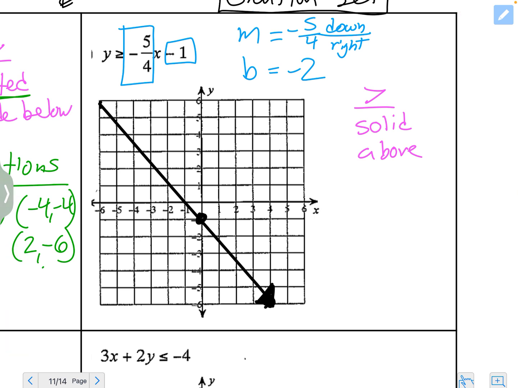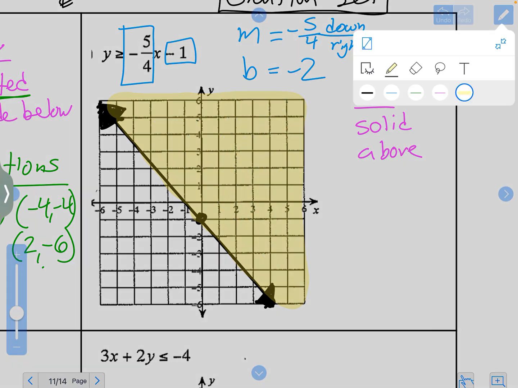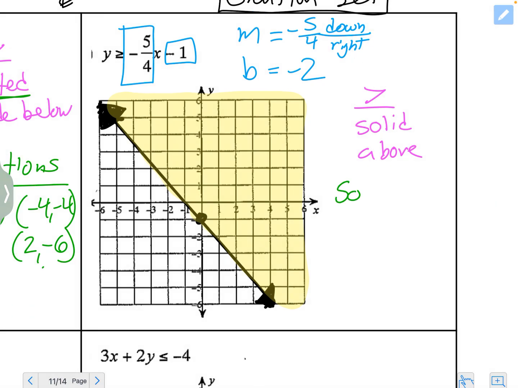And because it's solid, my answers can be dots on the line. And so we're going to shade above, so we're going to find the y-intercept, and we're going to go above the y-intercept. And I'm going to do my best to try and get this line in that shaded area, as well as everything else.